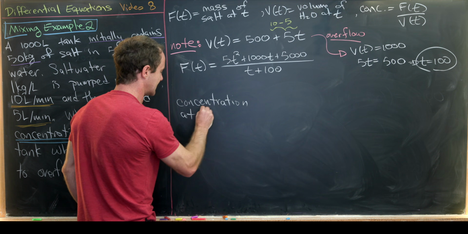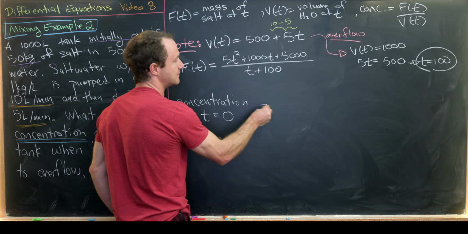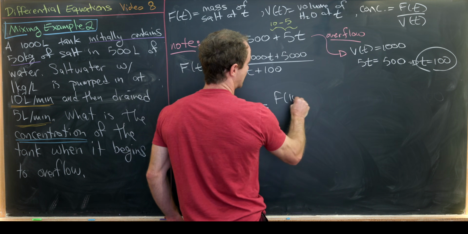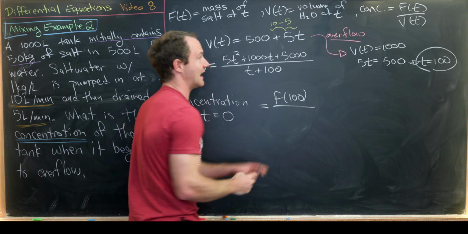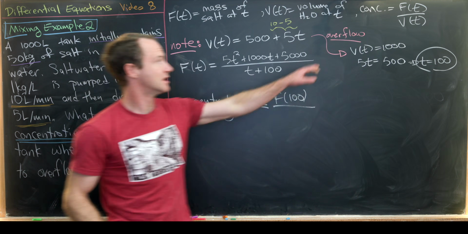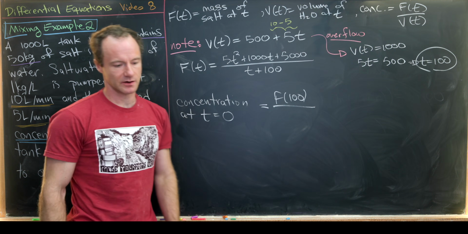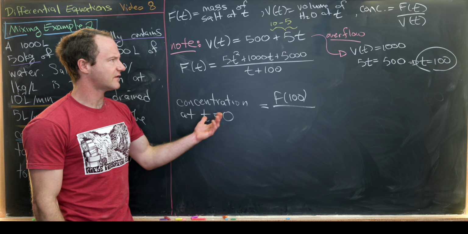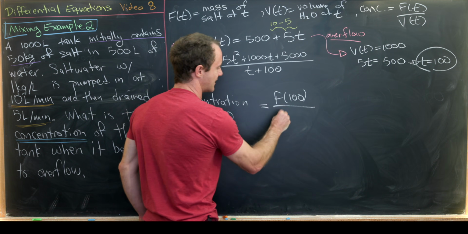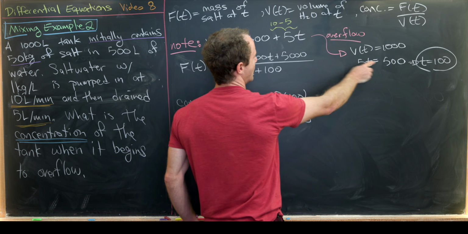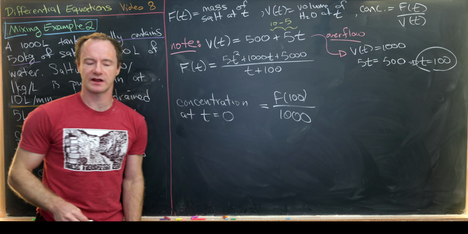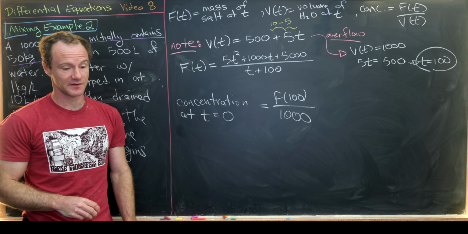So that's going to be F evaluated at 100 divided by V evaluated at 100 by this thing that we had up here. But V evaluated at 100 is exactly 1,000. That's what we got from this overflow condition right here.